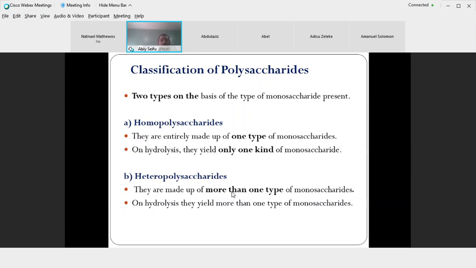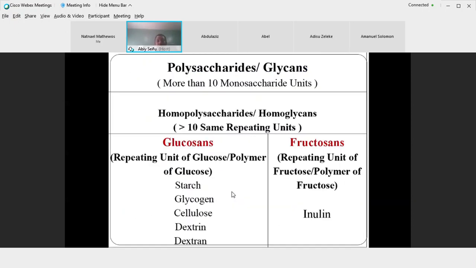Then heteropolysaccharides, when they undergo hydrolysis, we can get what? More than one type of simple sugar. Whereas homopolysaccharides, when they undergo hydrolysis, we will get only one type of simple sugar. Homopolysaccharides can be named glucosan or fructosan.